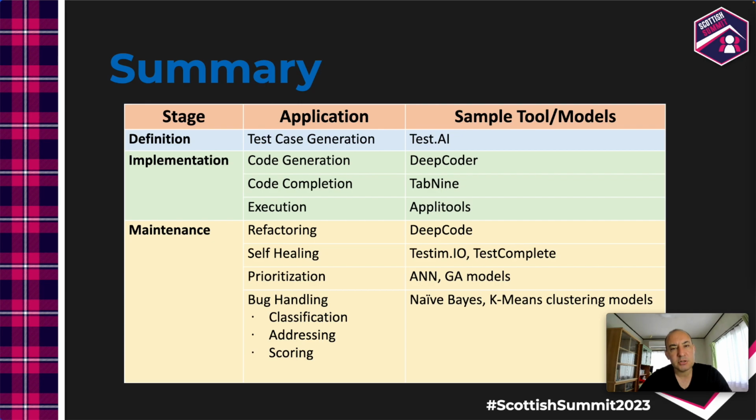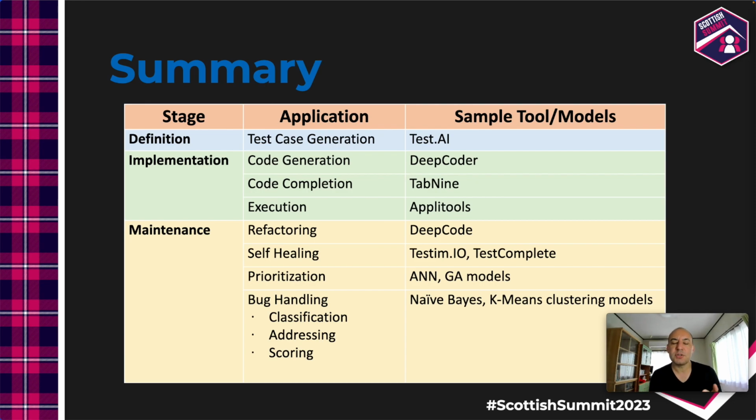I'm leaving some of them just for reference, but basically the activities that we discussed were generating test cases, and then generating the test code itself, and then executing the test suites, and then collecting some data during the executions and evaluating this data and trying to figure out some hidden patterns, like maybe the execution duration or some other metrics, and then doing the continuous maintenance, like the code review or maybe migration of code to other frameworks or other programming languages. And eventually we discussed managing the bugs.